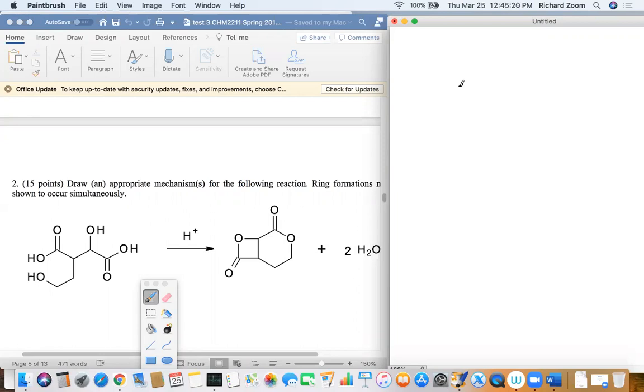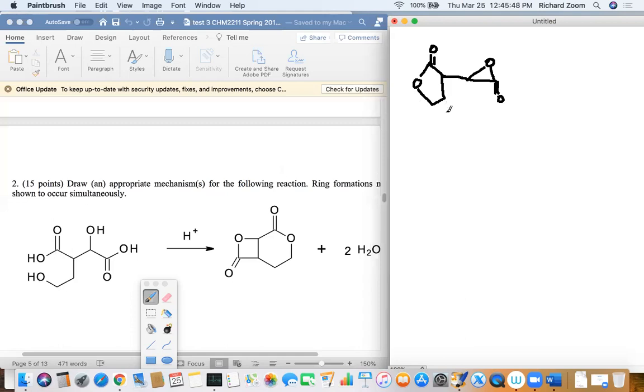I'm going to show you what it looks like if it wasn't fused. So let's see. If it wasn't fused, this would be the product. I think that's right. 1, 2, 3, 4, 5.